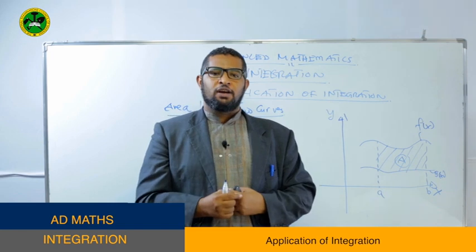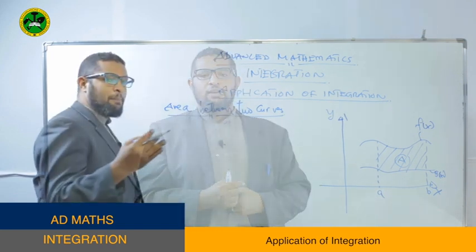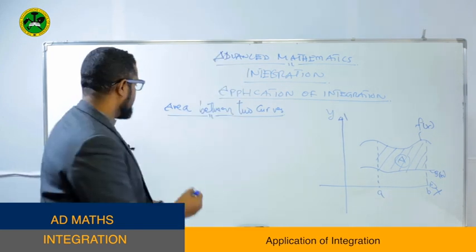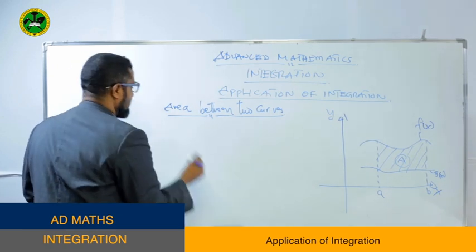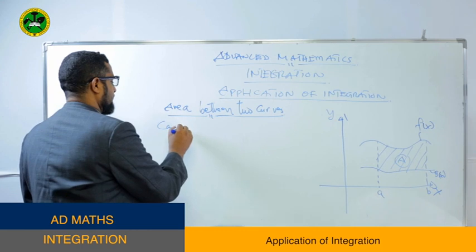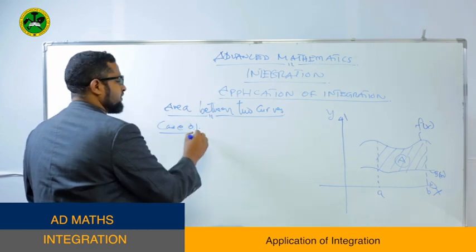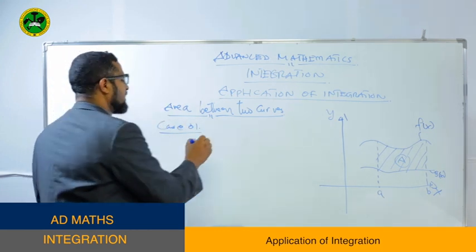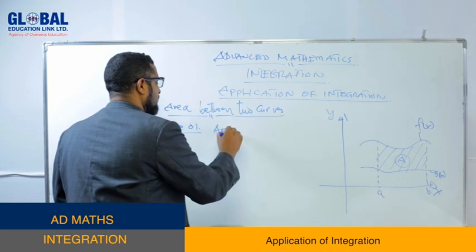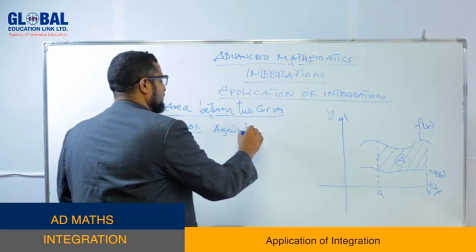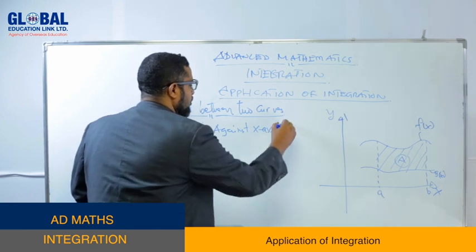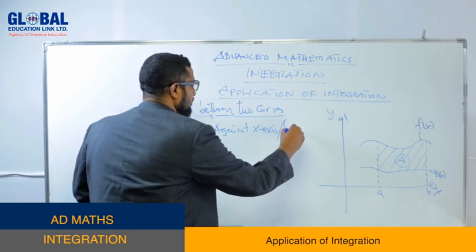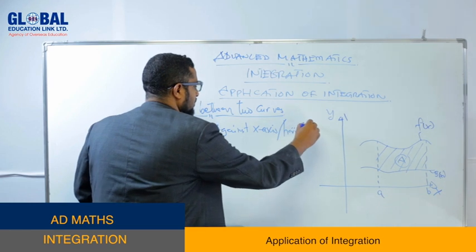There is a formula that is normally used. Remember, this is just a revision. We are looking at the first case, case number one, when the curve is drawn against the x-axis or horizontal axis.